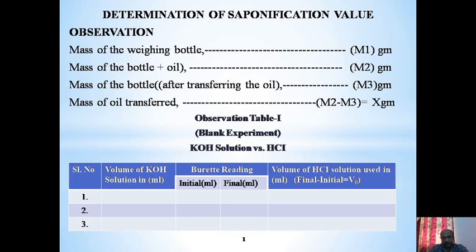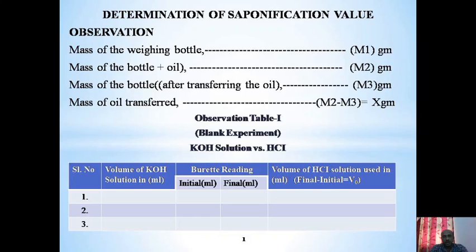So here we will get the exact quantity of sample we have taken for the determination of saponification value, by subtracting M3 from M2. So we will get X gram. That means this X gram is utilized for the saponification purpose.